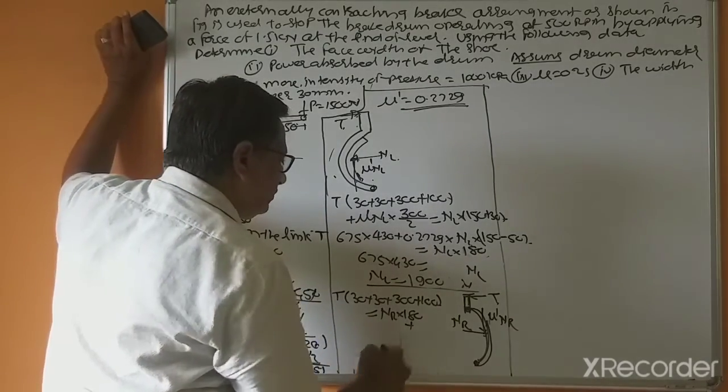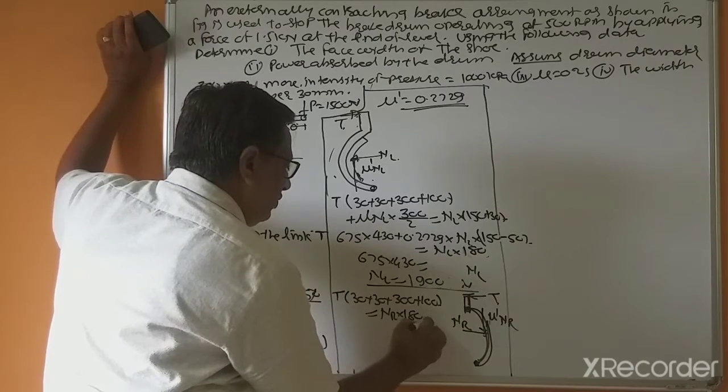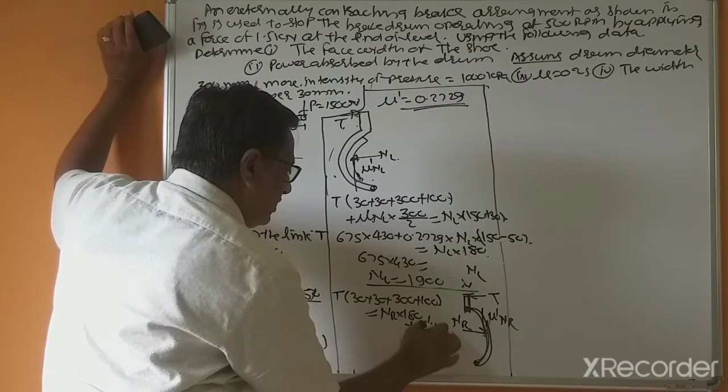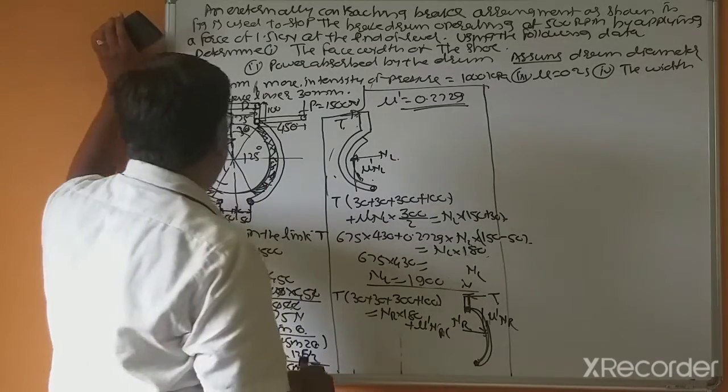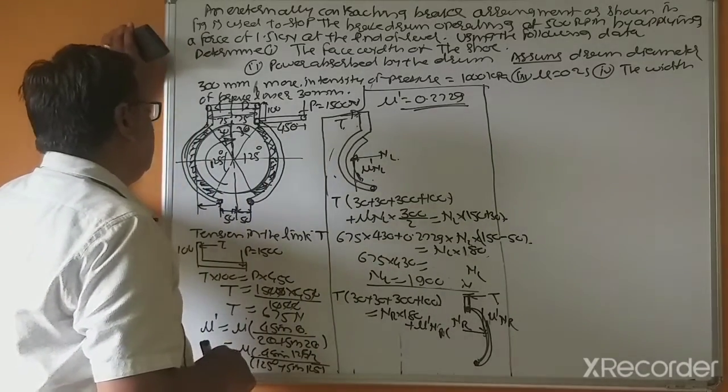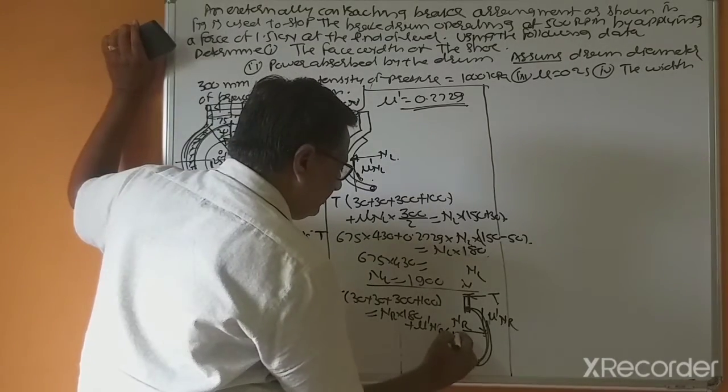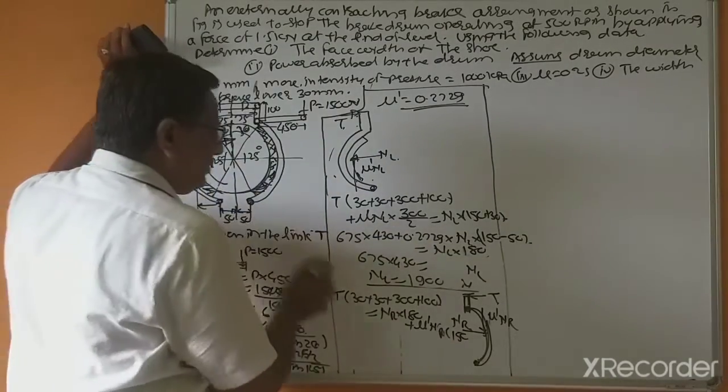plus mu dash NR into 150 minus this distance 50.